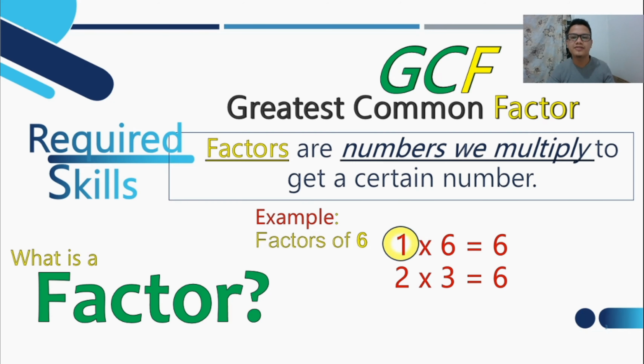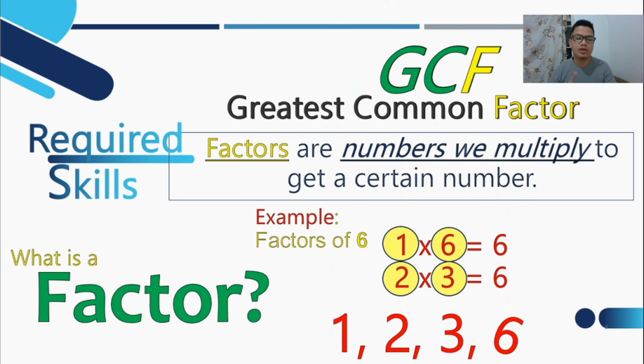The factors of 6 would be the numbers you multiply, because factors are numbers we multiply. And what are the numbers you multiply to get 6? We have 1, 6, and 2, and 3. Therefore, the factors of 6 are 1, 2, 3, and 6.